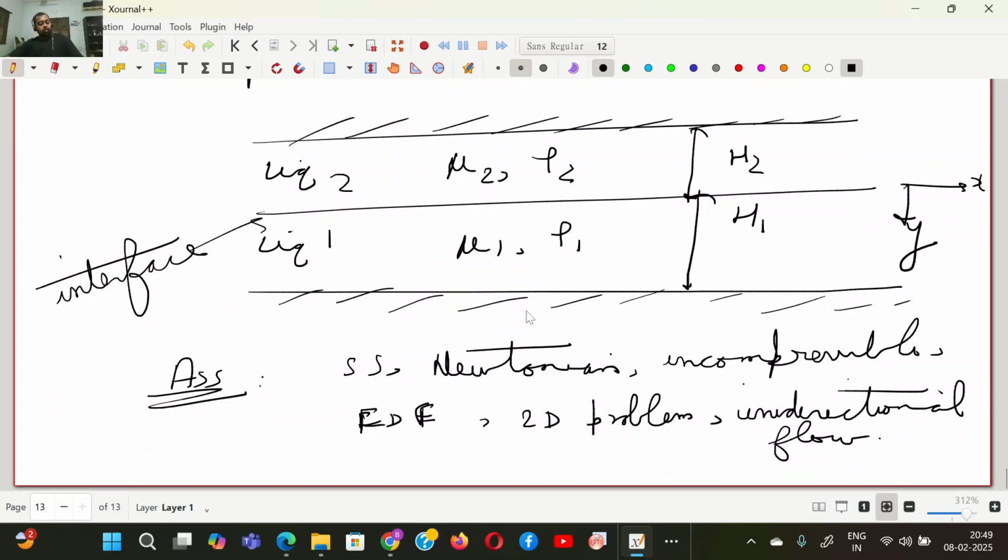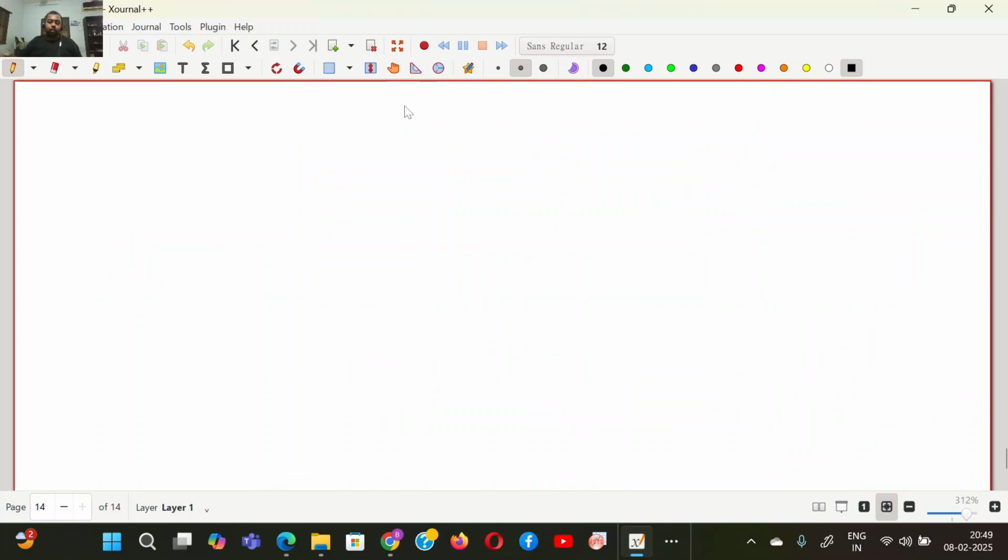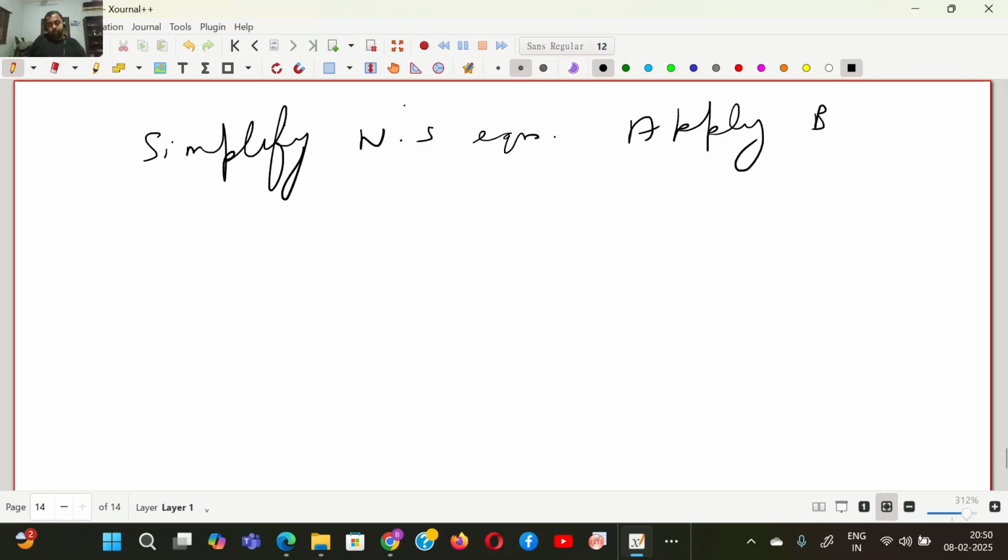Based on this, simplify the Navier-Stokes equation. Apply the boundary conditions. Get the velocity profile in both phases. Find Vx1, Vx2. Tell about the pressure gradient also.